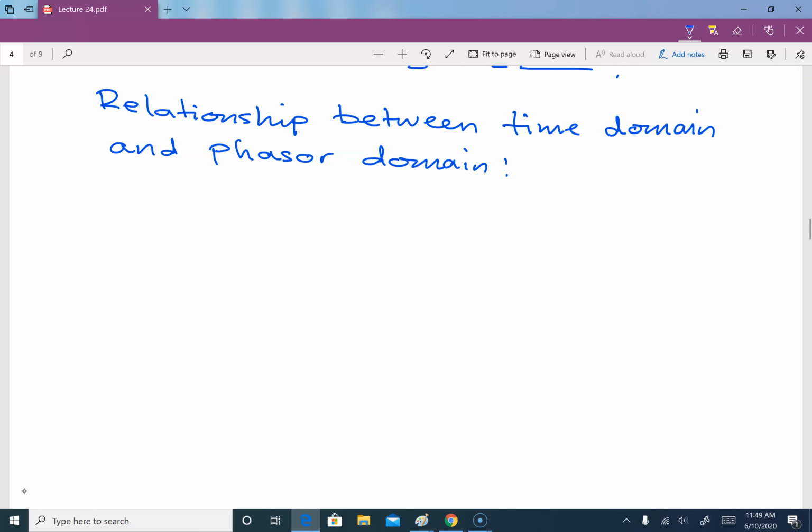So I can put here the time domain representation, and we will have here the phasor. Phasor domain, we can call it also frequency domain.